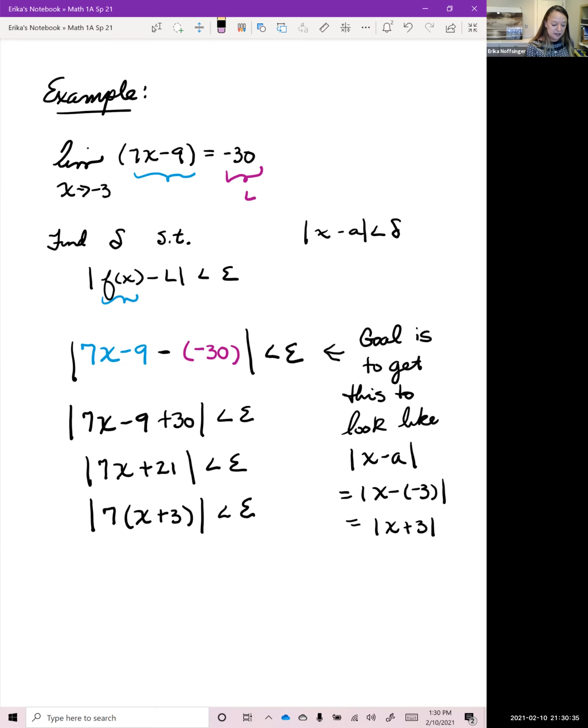Again, 7 is a positive number. The absolute value of 7 is just 7. So this is the same thing as 7 times the absolute value of x plus 3, which is less than epsilon. Divide both sides by 7, and we get the absolute value of x plus 3 is less than epsilon divided by 7.